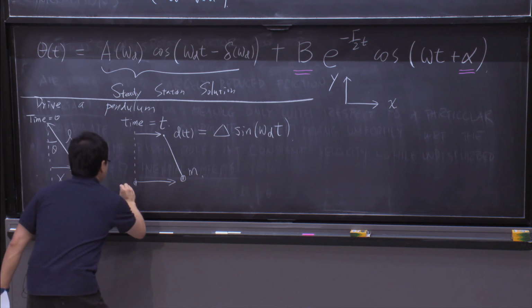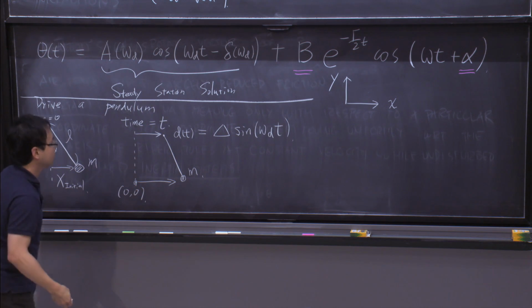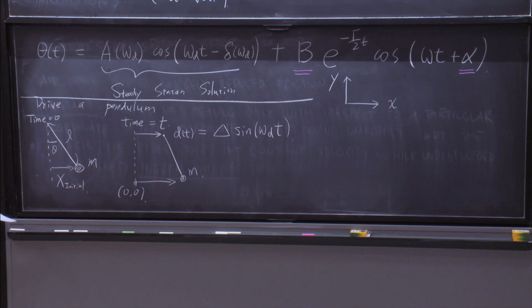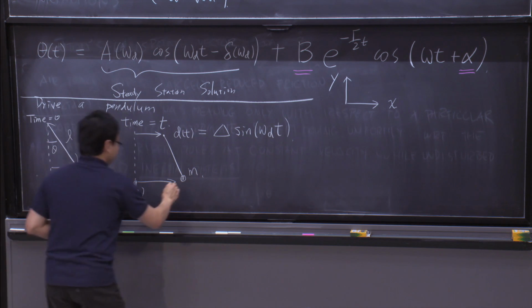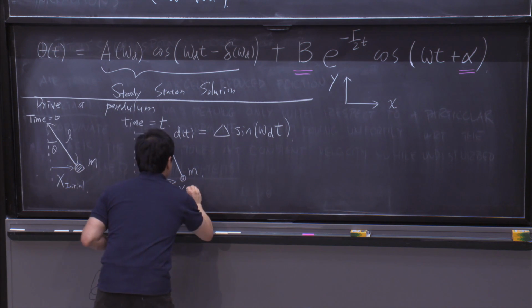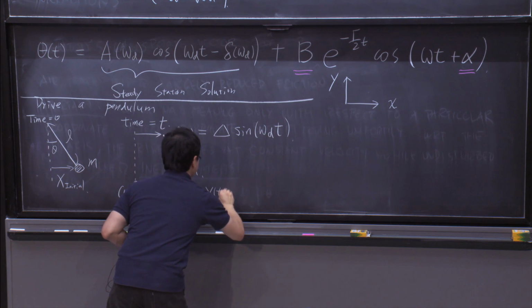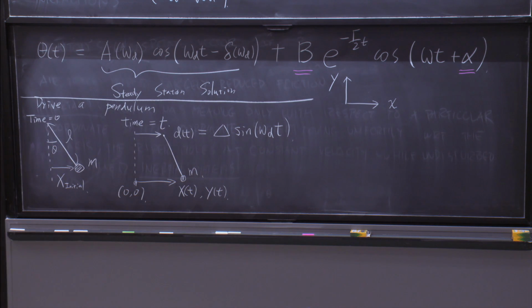Then I define here to be 0, 0. Once I have that defined, I can express the position of this ball to be x(t) and y(t).